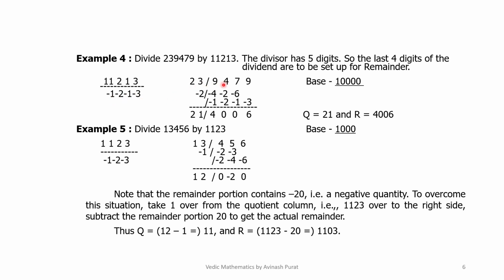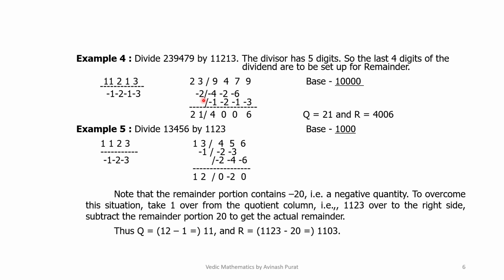Now 23 stroke 9479, the last 4 digits are taken. 2 is taken down. 2 multiplied by minus 1, minus 2, minus 1, minus 3 is minus 2, minus 4, minus 2, minus 6.